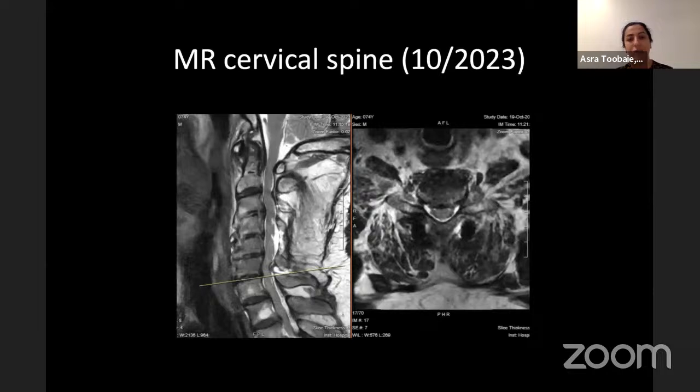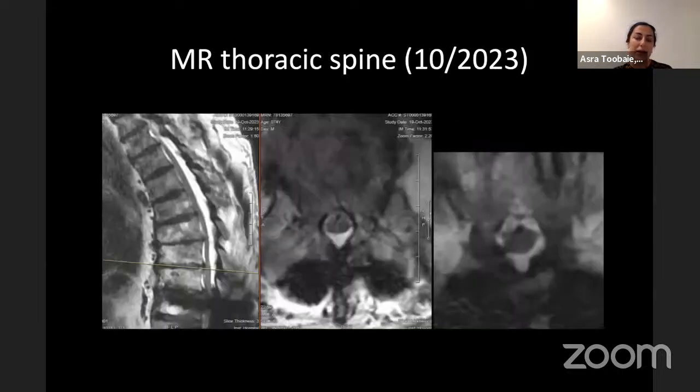And these are the MRIs prior to his C6, C7 ACDF that show stenosis distal to the previous fusion level. MRI of the thoracic spine shows some degenerative changes of the disc. However, there's no obvious significant stenosis of the cord.